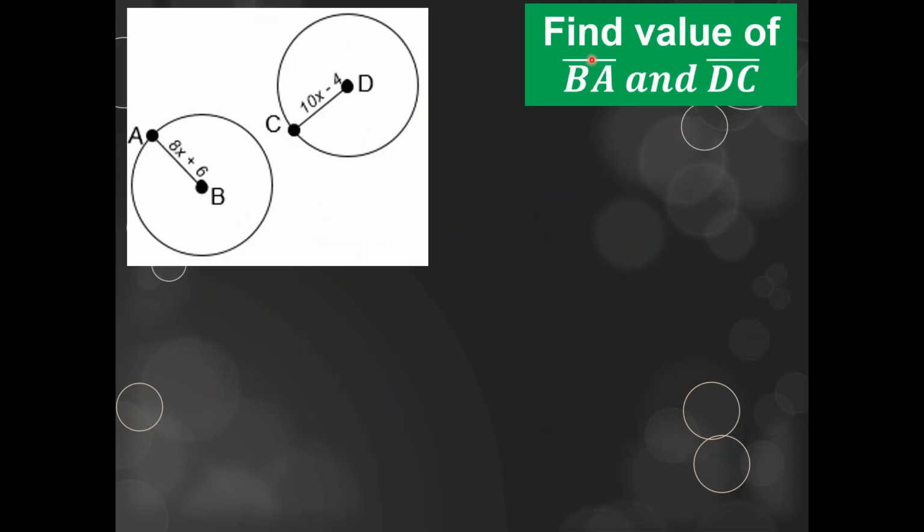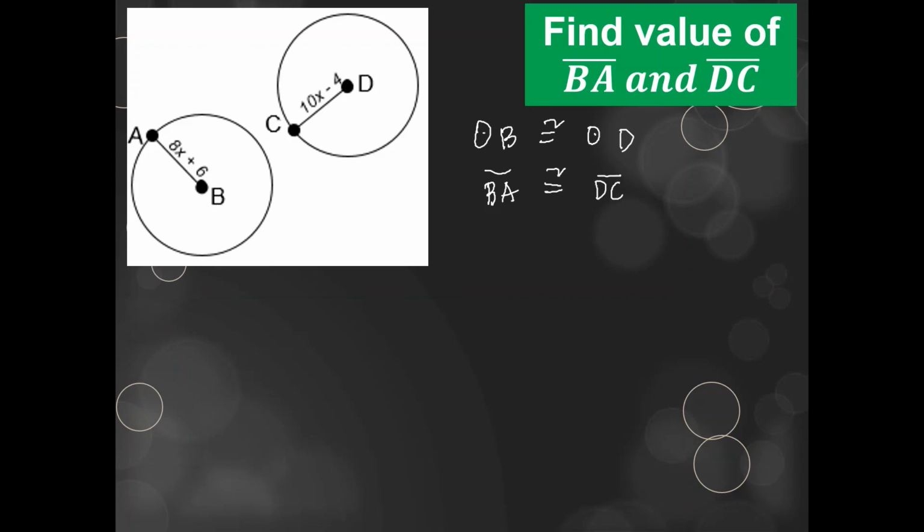We need to find the value of BA or radius BA and radius DC on this figure. Circle D is congruent to circle B. So since circle B is congruent with circle D, radius BA is also congruent with radius DC.